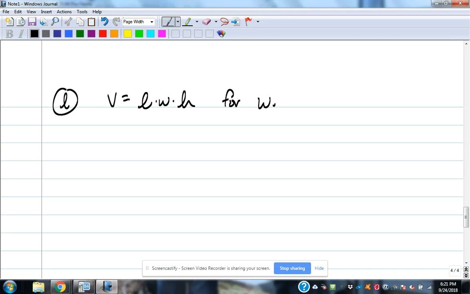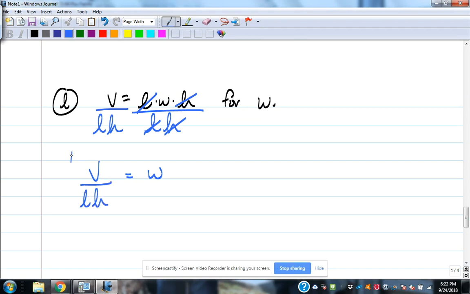So what do we divide by? We got to divide by L and H, both of them. On this side, the L cancels the L, the H cancels the H. On the right side, we got W left. The left side is volume divided by length times height. Nary a number in that problem. But mathematically, it's doable.